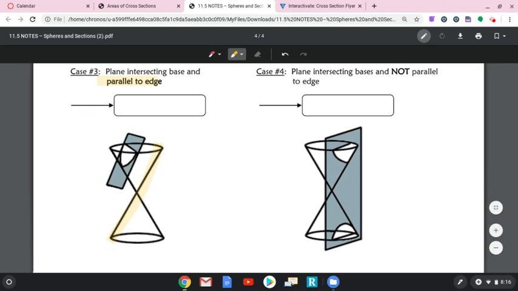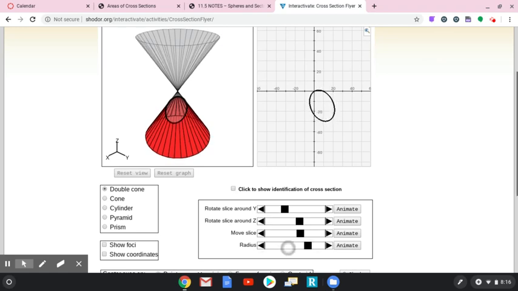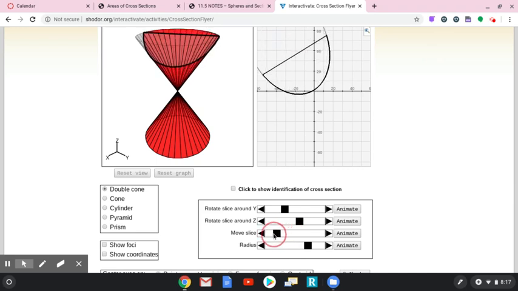So in this case, it's only intersecting the upper napped cone. If I want to move it so it only intersects one cone, but it's not going to form an ellipse, I have to keep on moving. Let's see, what do I have to move? So let's say we can move the slice up, right? And that still looks like an ellipse, but what's that? That is no longer an ellipse.